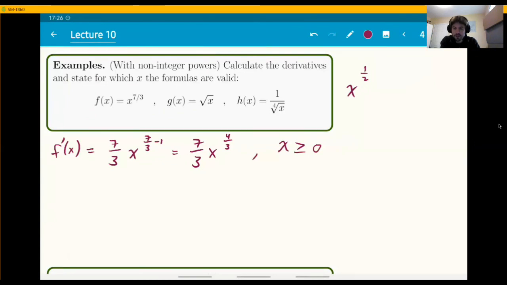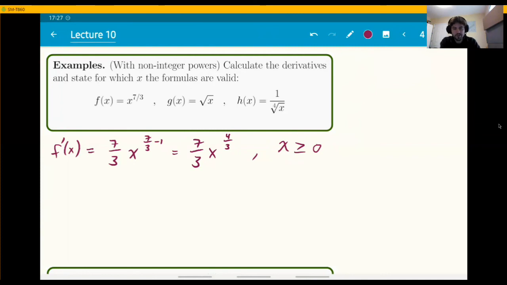Now we know that you cannot take a square root of a negative number. So for that reason, even when it's an odd denominator, usually the domain for the expression is considered to be only positive x's. And in this case, it could also be 0 because we are not dividing by 0 in this expression. This expression can be calculated at x equals 0.